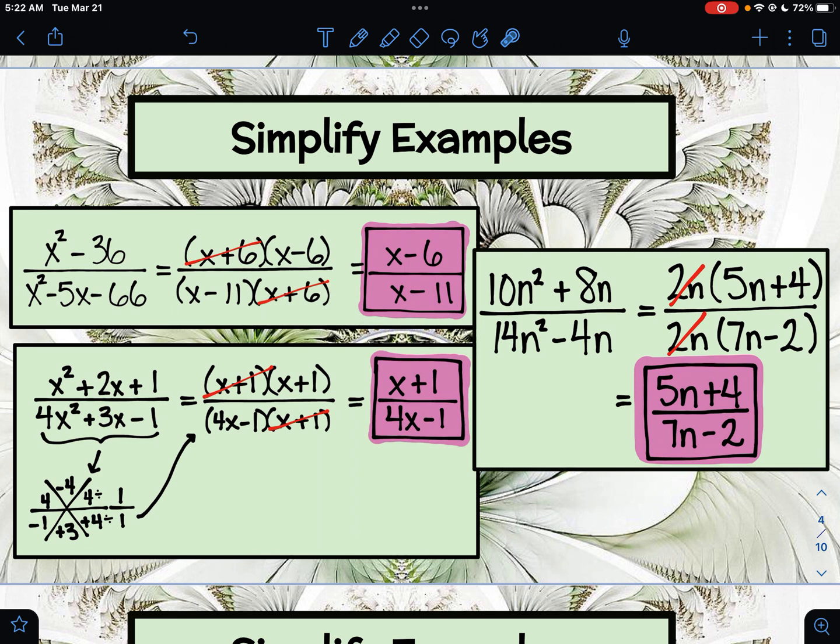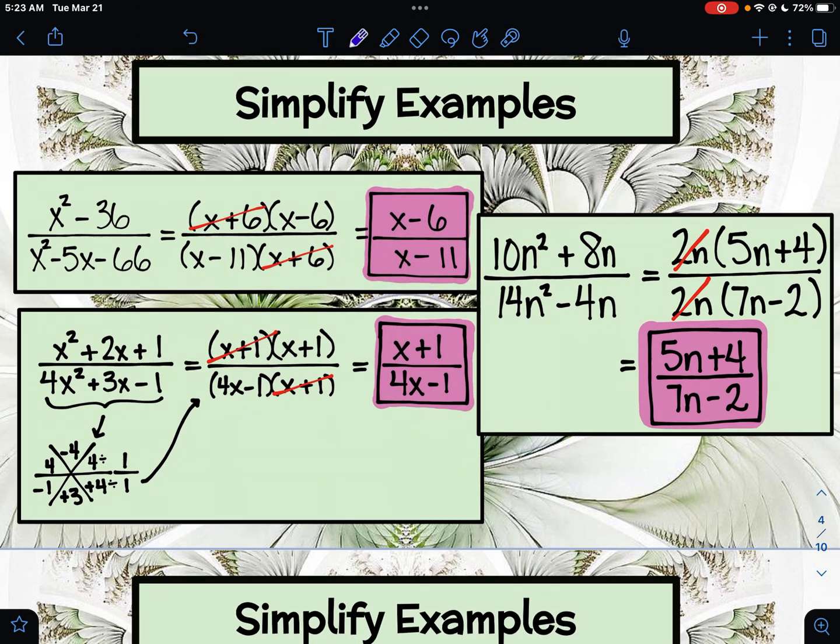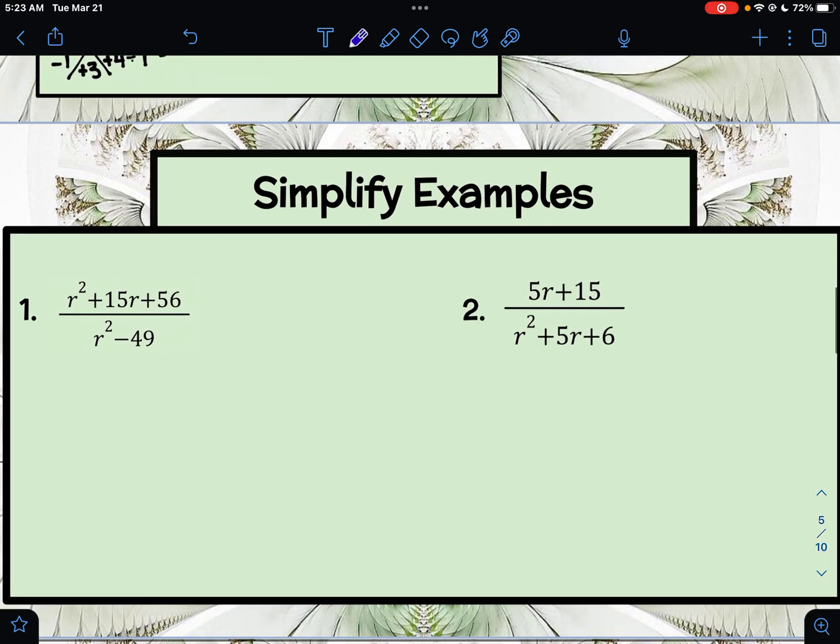I have found that these problems here, where students have to factor binomials, prove to be the toughest. And I think that's just because we're so used to factoring the other way. But we'll talk about that and practice a little more in class tomorrow.